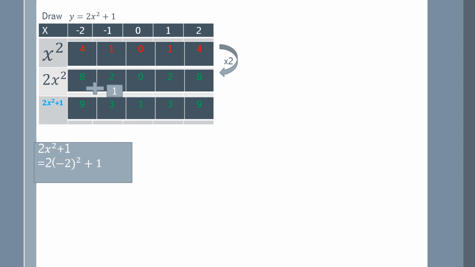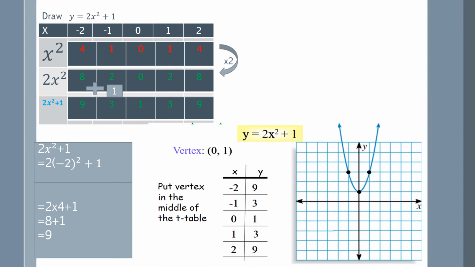So you will have 2 times 4 plus 1 to get 9. So the new values will be -2, 9. These are the points that I have to plot as x, y: -1, 3, 0, 1, and so on to get this graph. We notice in this graph that the parabola is not passing through 0, 0. It's passing through the point 0, 1.